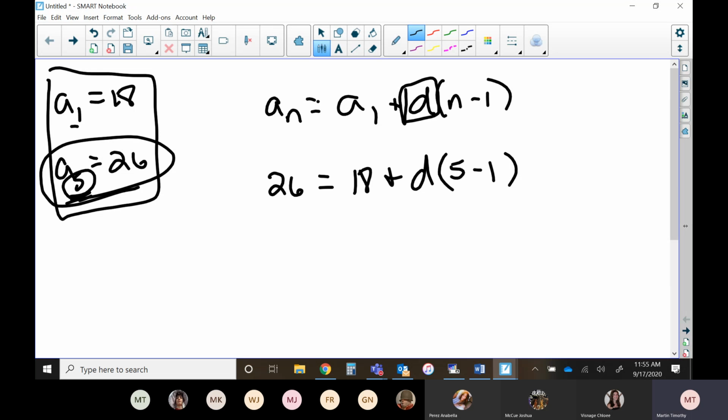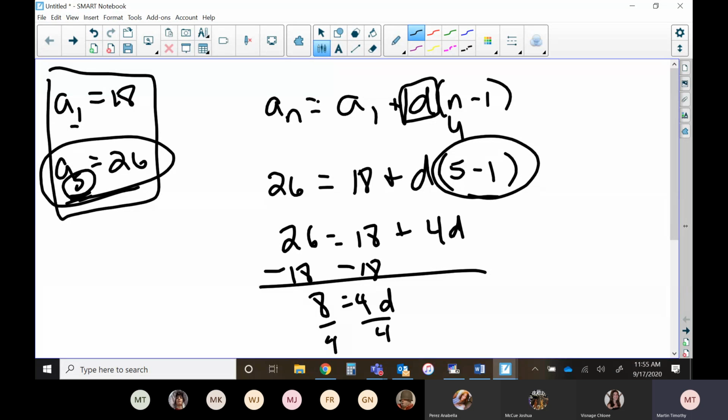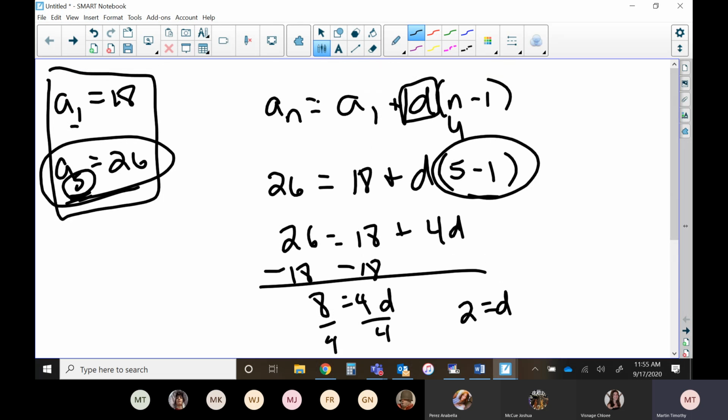Do you see where you can make mistakes? Be careful on that. And then I can use my math to work backwards. 5 minus 1 is 4, so 26 equals 18 plus 4D. Minus 18, this is all algebra 1, right? 8 equals 4D, divide by 4, 2 equals D. So for this question, they asked me to give the explicit formula.